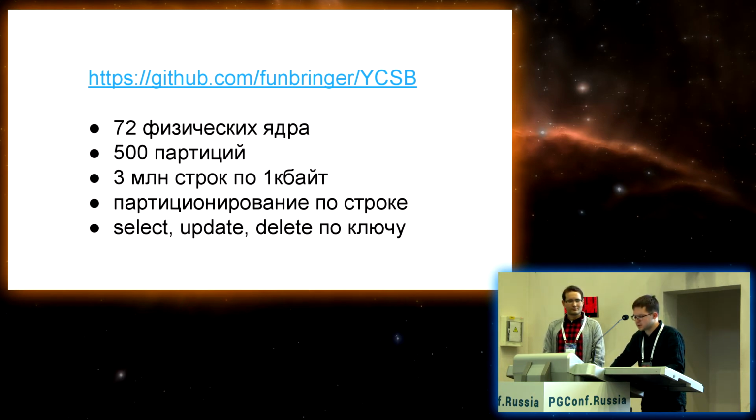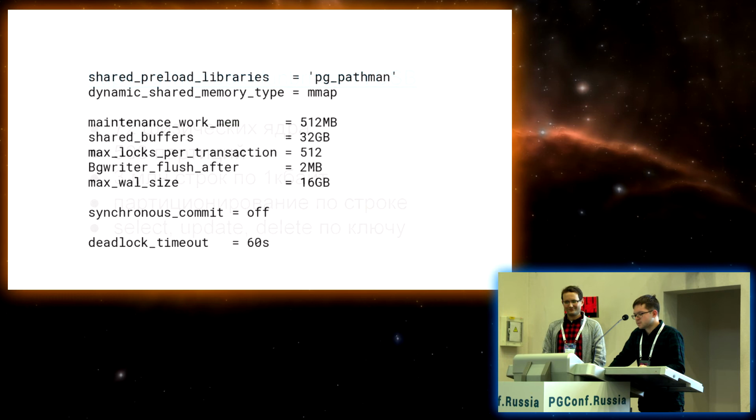We have 72 physical cores, 500 partitions, 3 million rows, 1 kilobyte each, and we have partitioning by row, and there are 6 different workloads considered, all different loads, and that is the reference to the benchmark, the link to the benchmark.